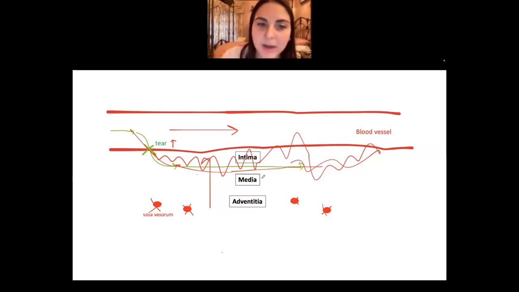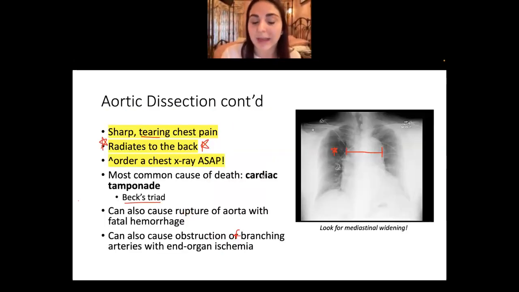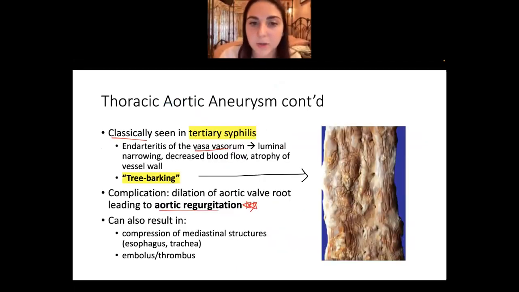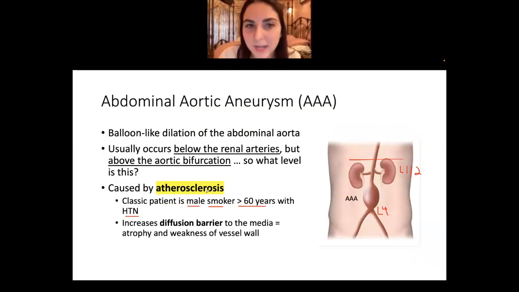If we take out the vasa vasorum, the layers furthest from the vasa vasorum are going to be the most at risk of losing oxygen. But it can especially manifest in the media, because the media is the thickest layer. That's going to be troubled the most by it, because it needs the most oxygen. That's your muscular layer. That needs tons of oxygen, so it's going to be really struggling. So it's just like the thoracic aortic aneurysm. That's when the syphilis basically takes out the vasa vasorum. Here, atherosclerosis is just making the wall itself thicker.